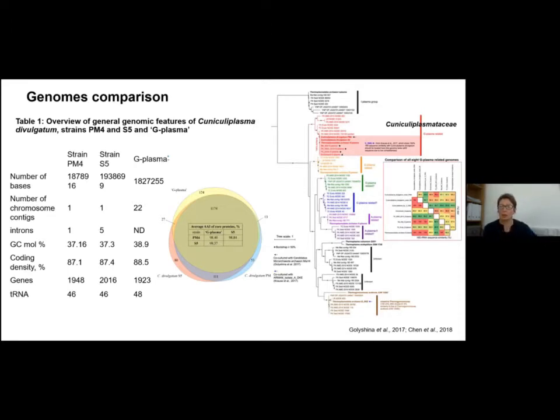Furthermore, altogether, many Cuniculiplasma-like sequences exist now in databases. And you can see from this picture on the right side that all these genomes of different organisms isolated from different AMD sites across the globe are quite similar to each other.